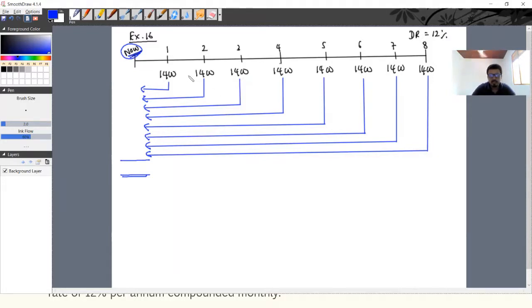This is also a correct method, but it consumes more time.